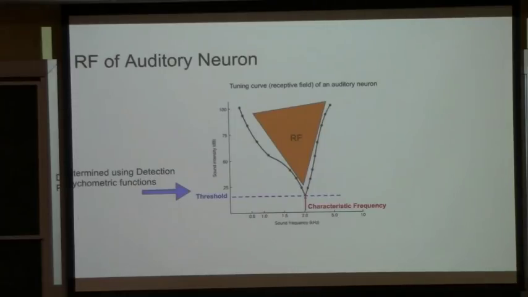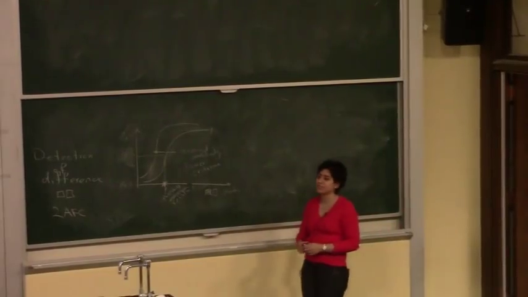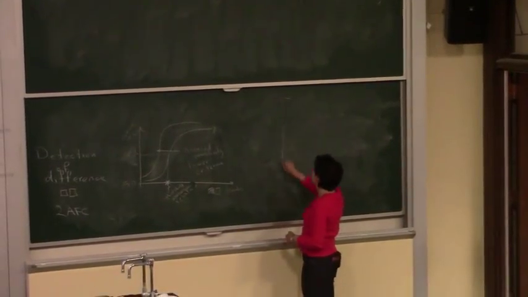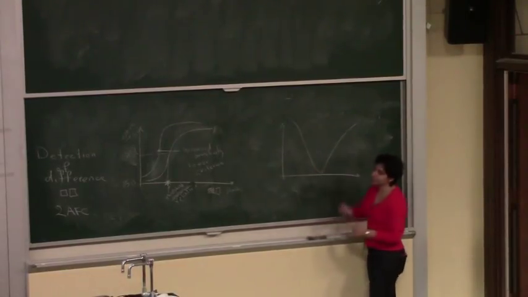Okay, so the receptive field of an auditory neuron. Here you have a tuning curve, which I had drawn. So how do we actually draw tuning curves? You use the psychometric function. You run a bunch of experiments, and you use the psychometric functions to draw the tuning curve.